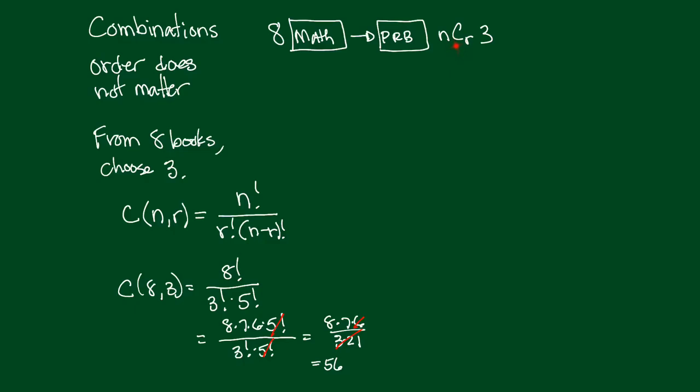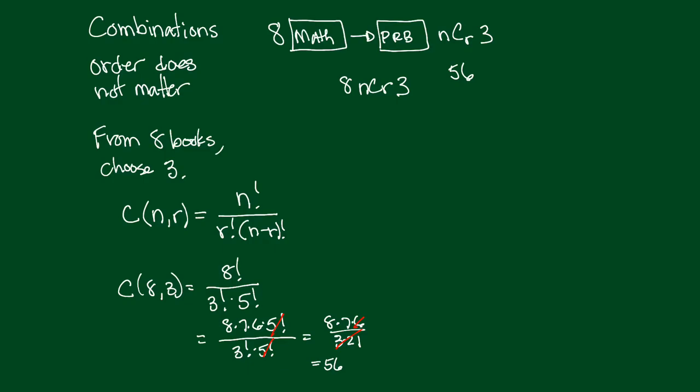Then type in a 3, and press enter. And right before your eyes, what comes up is 56. So you're looking at 8 nCr 3 on the left side of your calculator screen, and on the right side comes 56.